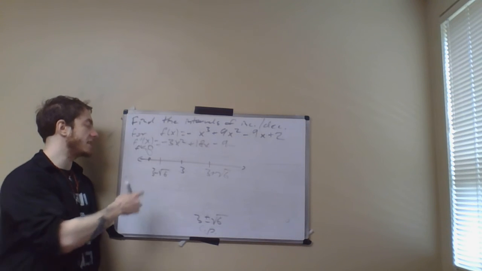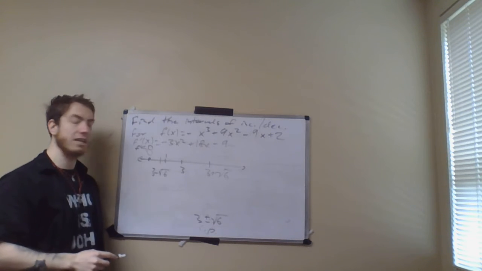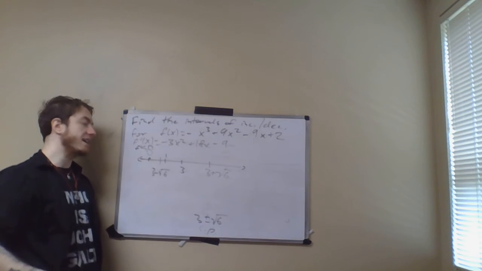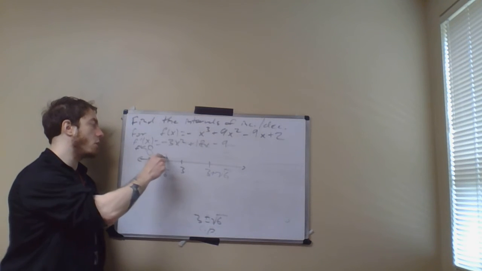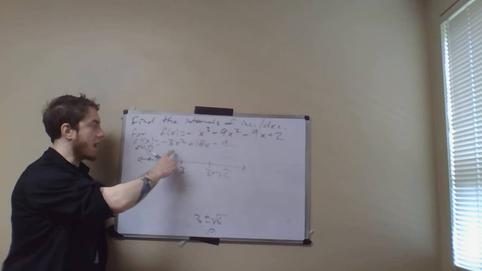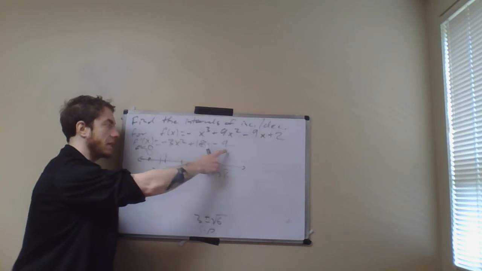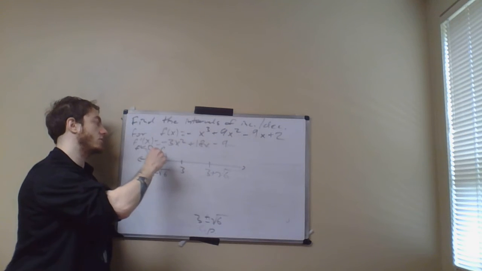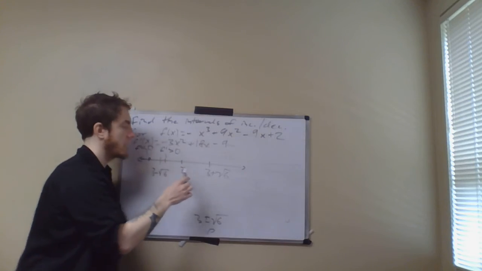Maybe positive 1 is even easier. Why do I know that positive 1 sits in here as a test point? Well, because the square root of 6 is bigger than 2. So 3 minus the square root of 6 is smaller than 1. If I plug in 1, I would get negative 3 plus 18, that's 15, minus 9 is positive 6, so we get f prime bigger than 0 in here.